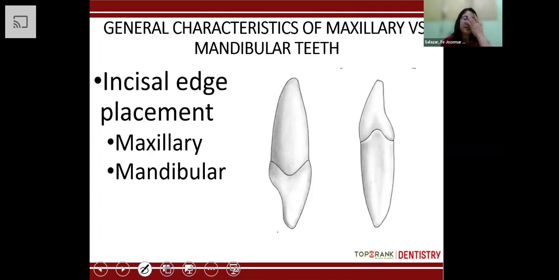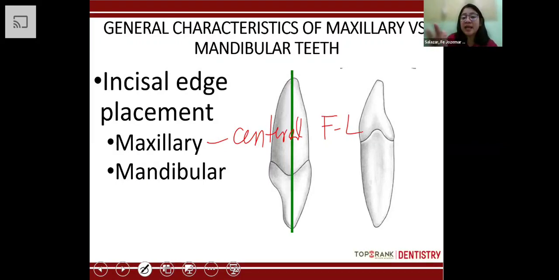Incisal edge placement. Ano dyan yung nakagitna? Okay, ang incisal edge, faciolingually or labiolingually, maxillary. So incisal edges are centered labiolingually. Yan, tingnan nyo. If you put a bisecting line labiolingually, nakagitna yung kanilang incisal edge.